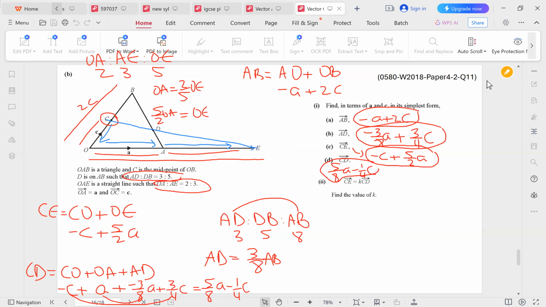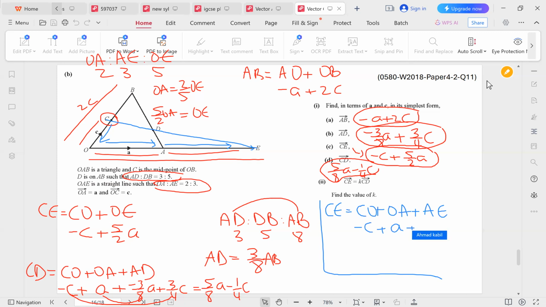So in order to solve this, we're just going to say that CE equals CO plus OA plus AE. Now, CO, as we said before, is negative C. OA is A. And AE is what we're missing.